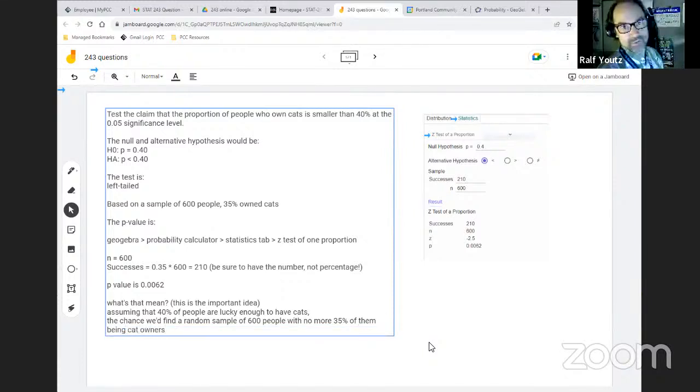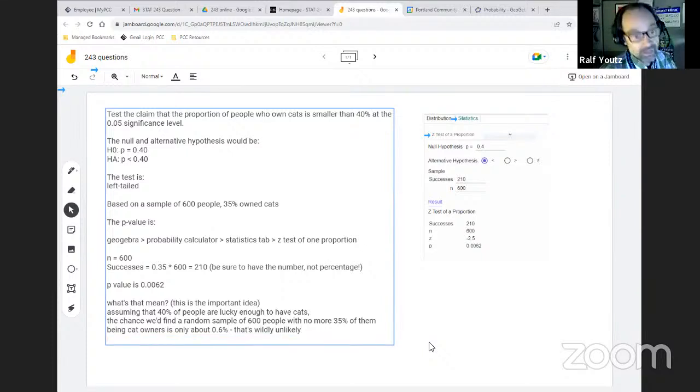See what that means? So the chance that under our assumption about the population, we'd see this data set right here at random is only about 0.6%. That's wildly unlikely. That throws doubt on the assumption.